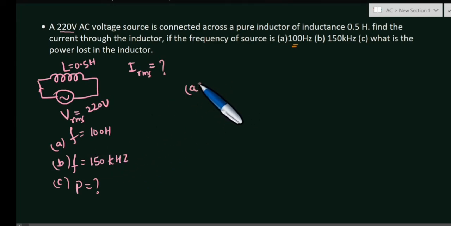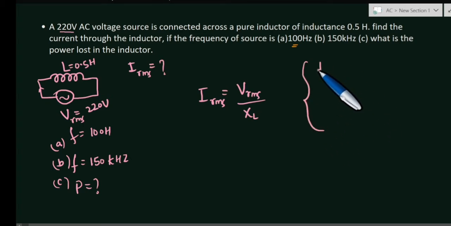to calculate the value of current, that current formula is Irms is equal to Vrms divided by XL. How did we get this relation? We got this relation by using the basic formula of Irms, that is equal to Vrms divided by Z. But what is the value of Z?